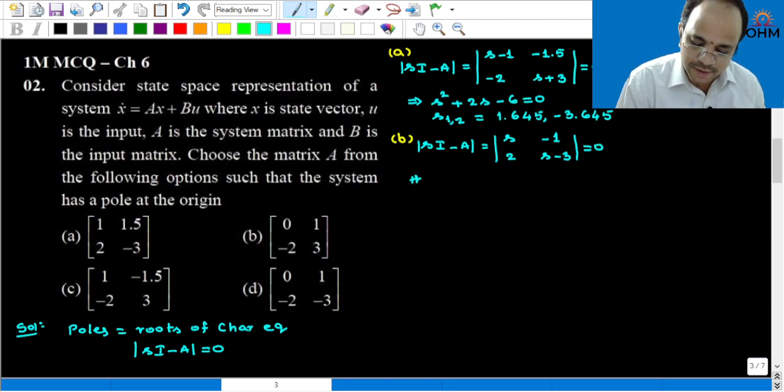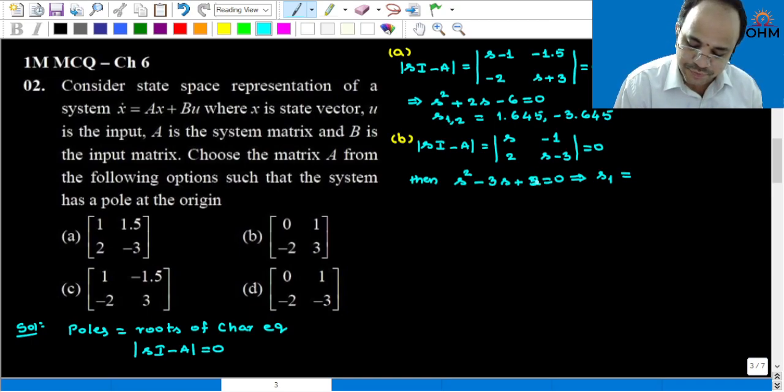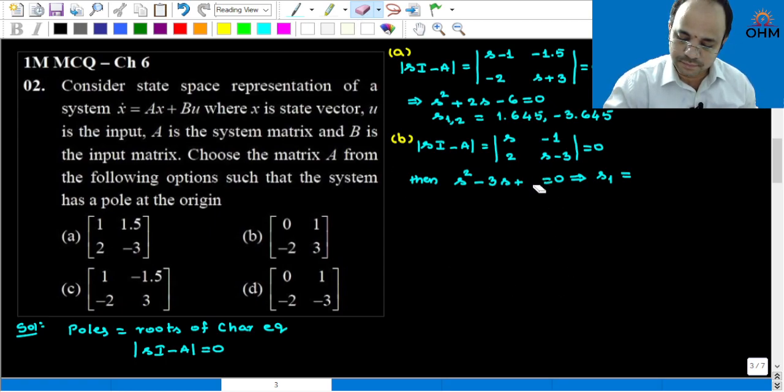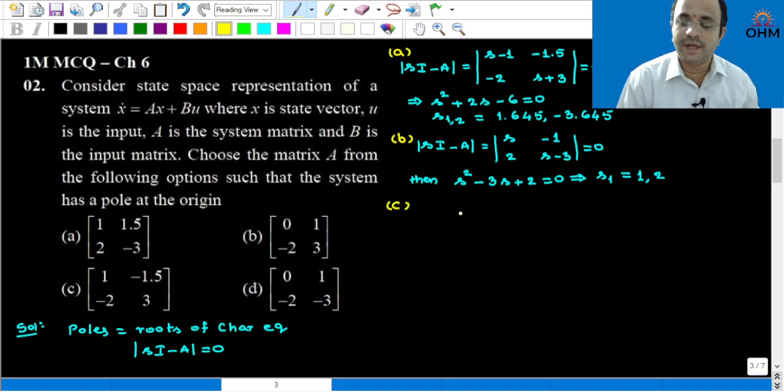Then what is the equation you have? s square minus 3s plus 2 is equal to 0. Therefore, the roots are 1 comma 2. So, here also there is no pole at the origin.